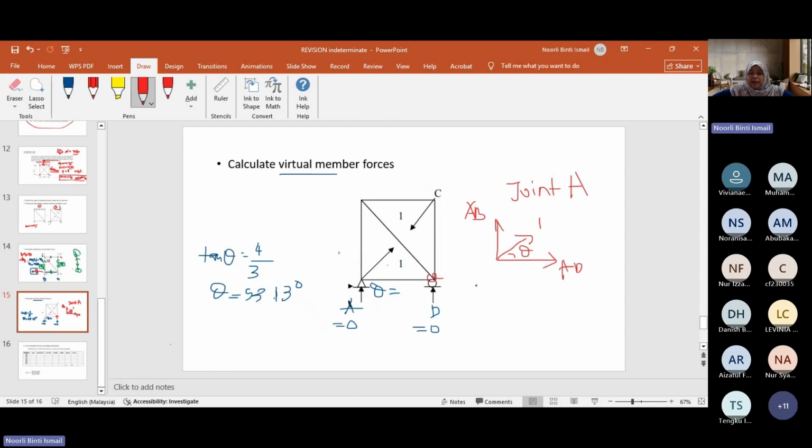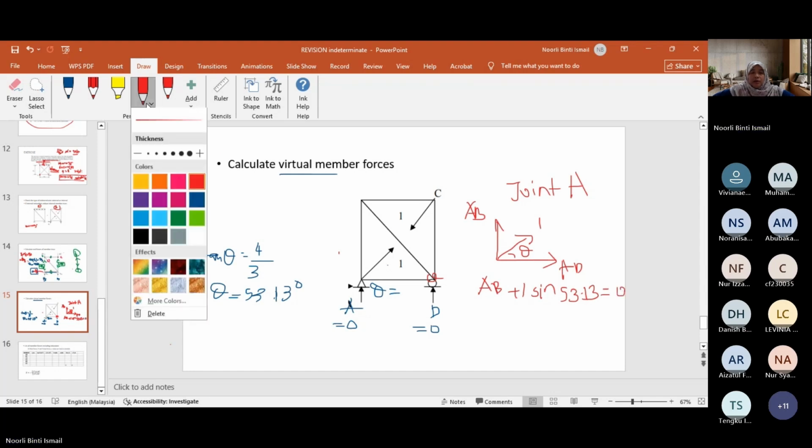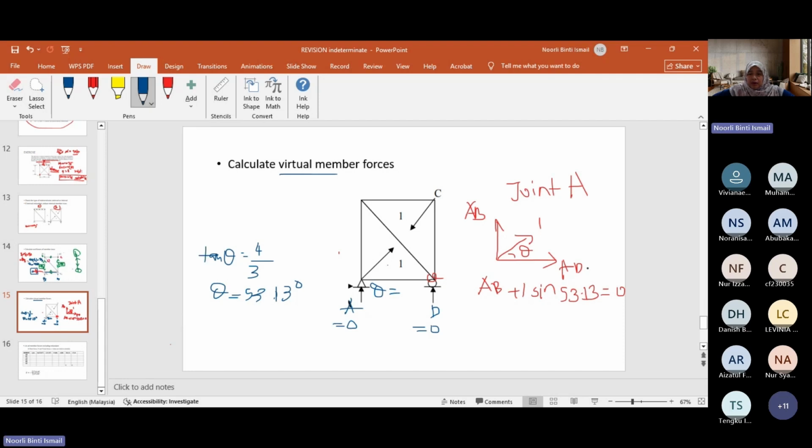So find AB, AD. We use FY. FY upward AB plus 1 sin. Betul tak? Sin kan? Sin 53.3, the angles. And then we don't have downward direction. So equal to 0 lah. Okay, mana kita dapat ni? Based on Y equation.